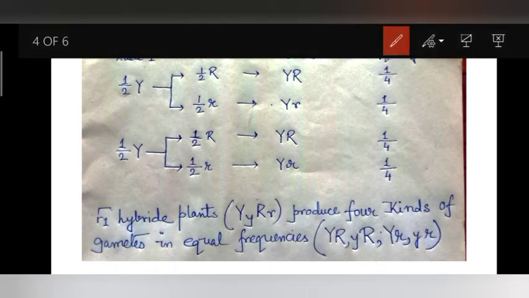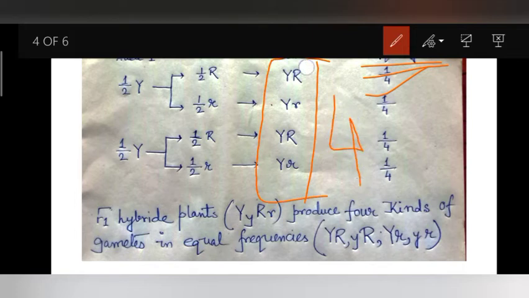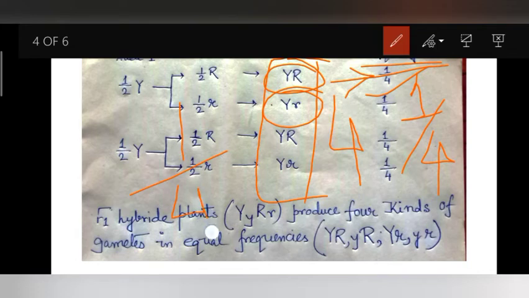These gametes then randomly combine, and here the frequency is 1/4. The total number of gametes is 4, and the frequency of each allele combination is 1/4.